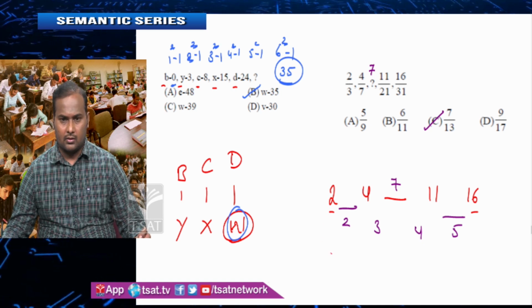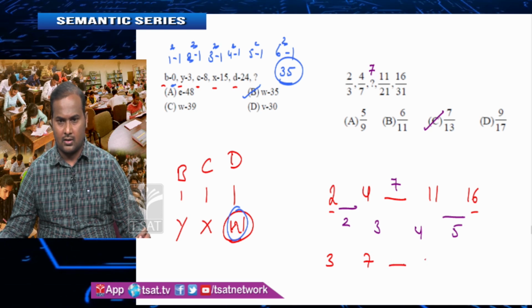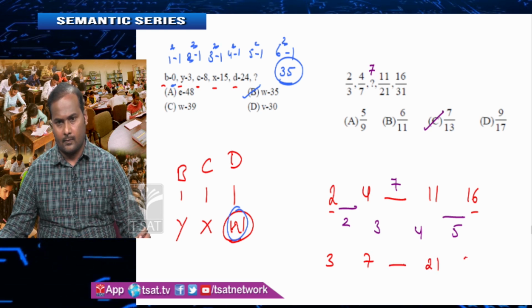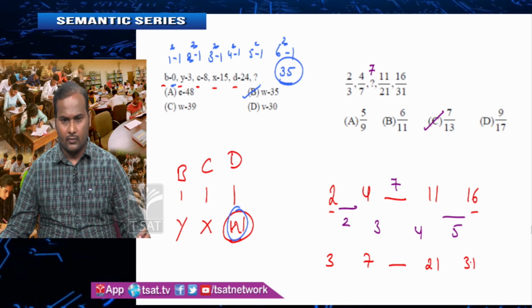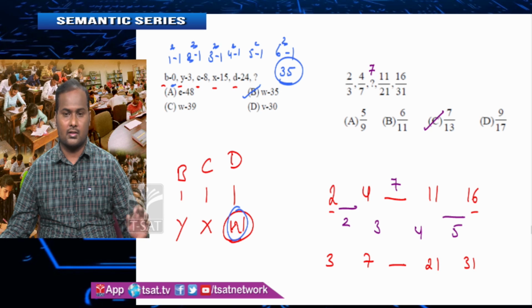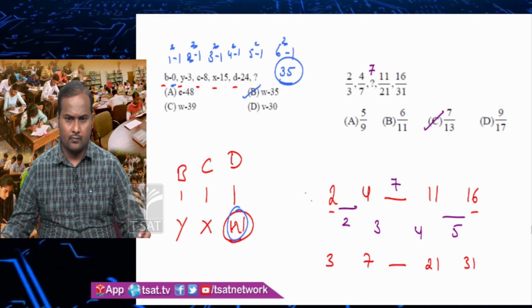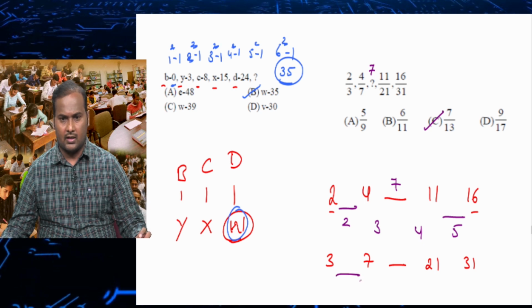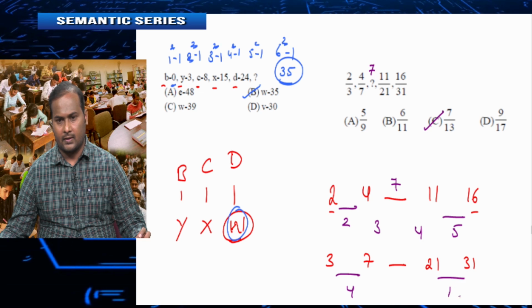In the denominator, the series is 3, 7, find out the answer, then 21 and 31. Here also, between 3 and 31 there are extra terms. So I will take the difference again. Here the difference between 3 and 7 is plus 4. Between 21 and 31 it is 10.